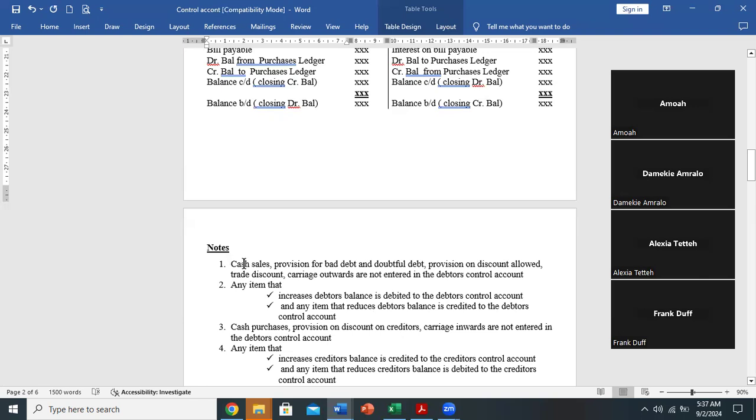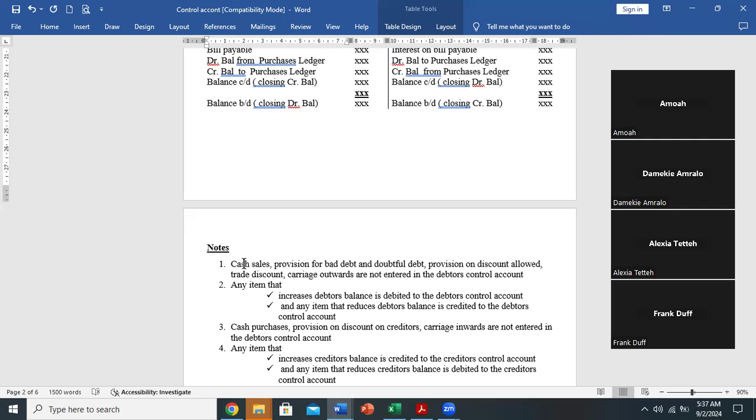If you sell goods to your customers and they pay cash, how does it affect debtors? They have paid you, so there's nothing owed. So when you sell and you take your money instantly, the issue about debtors does not even come into play for you to analyze whether it increases or decreases their balance.